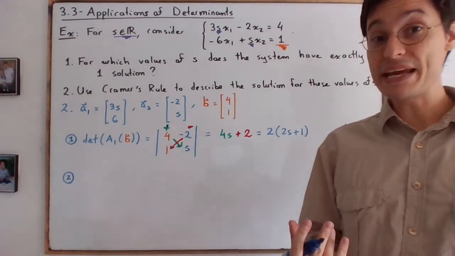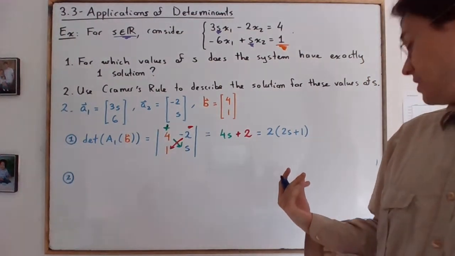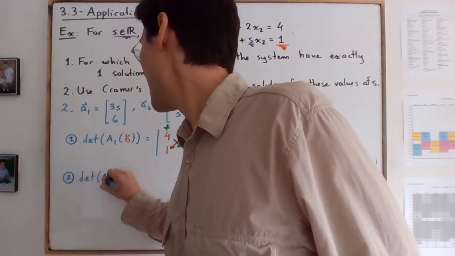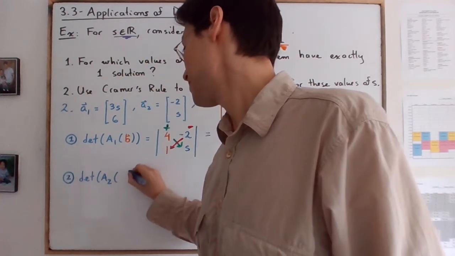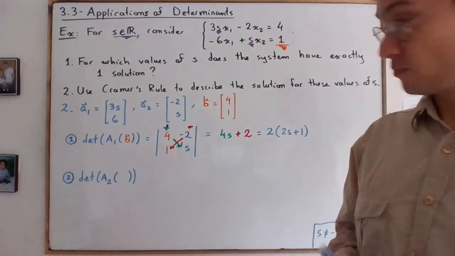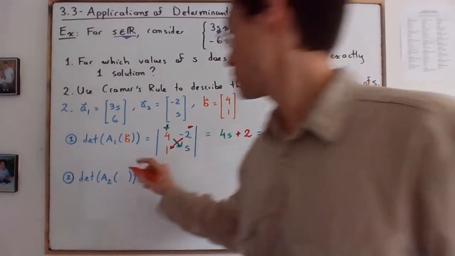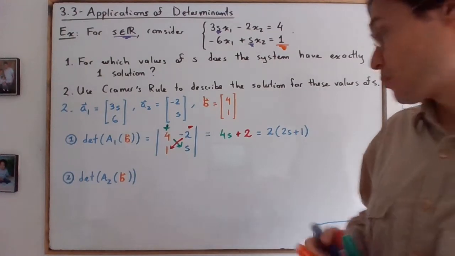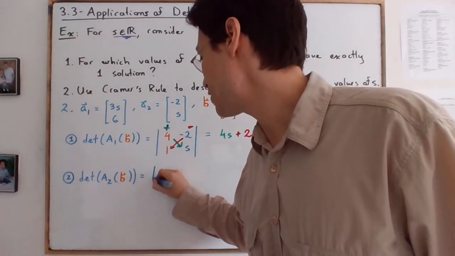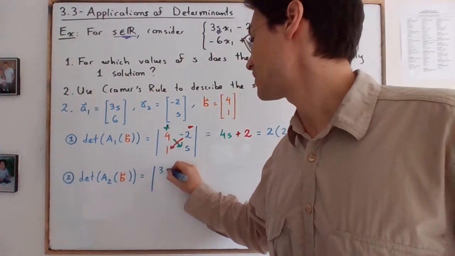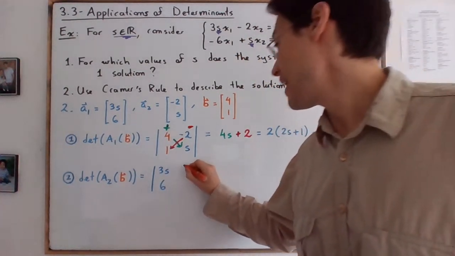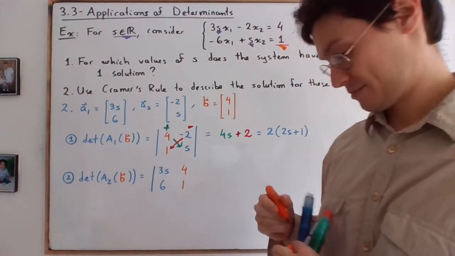The second ingredient is the determinant of A2b. Very similar, but instead you replace the second column by the vector b. So you have 3s, 6 and 4, 1.